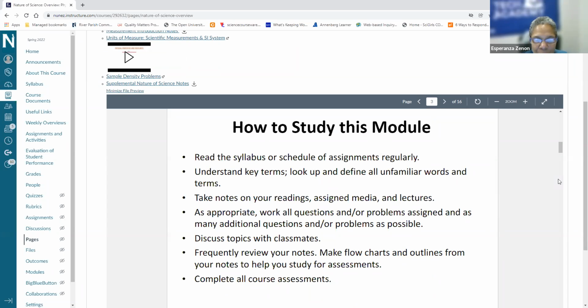So I will harp on this periodically to keep you honest about how you're approaching it. You should be reading the assignment material regularly, preferably before our lecture. That way, if you have some questions as you move through the material, you can get them answered while we're in session.